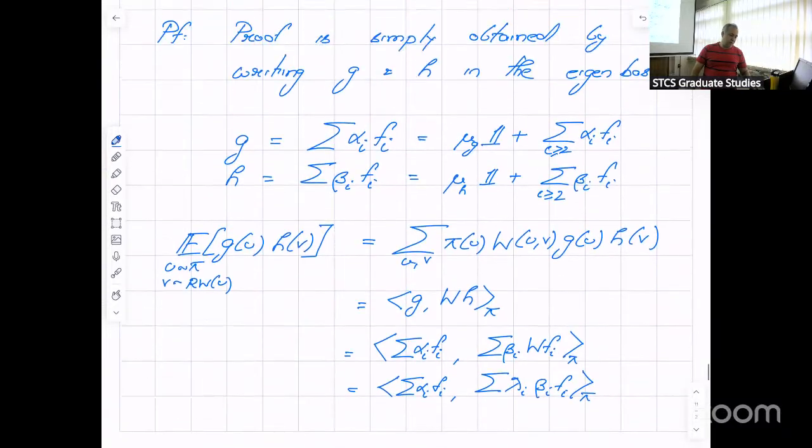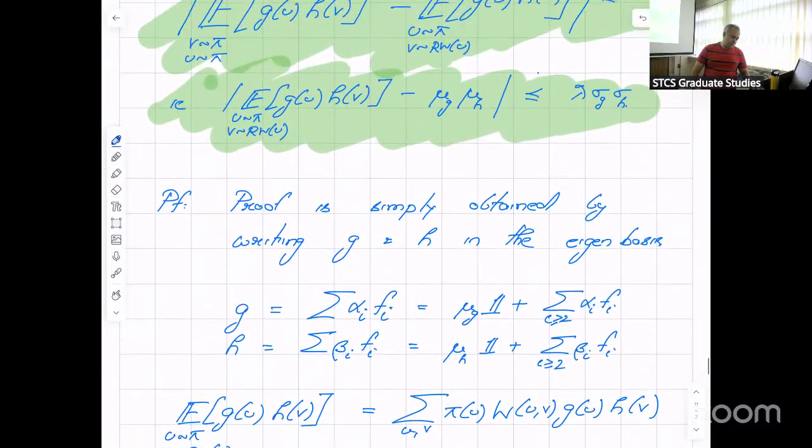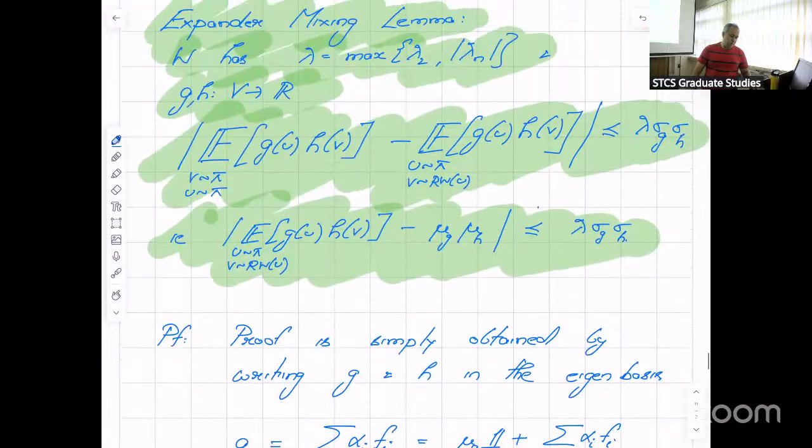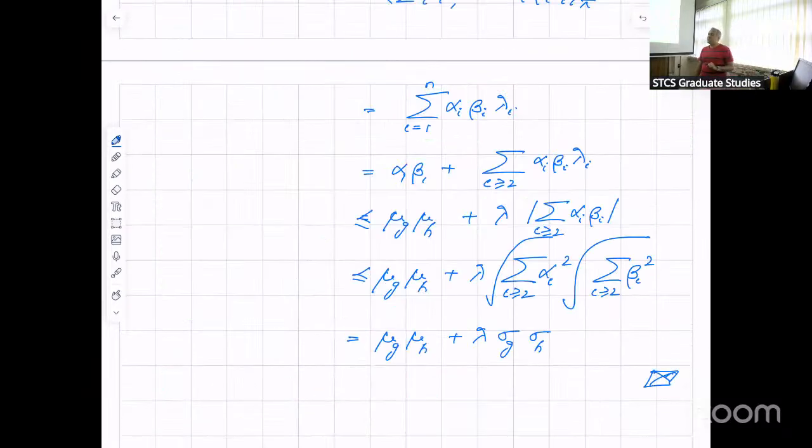That's exactly what we wanted to prove. It's a simple consequence of the eigenbasis.